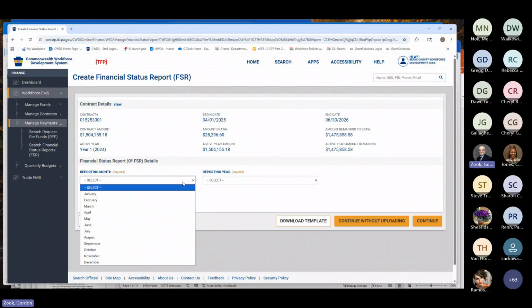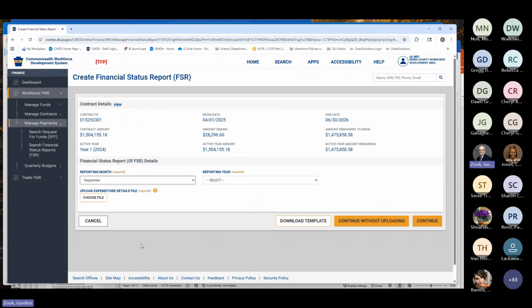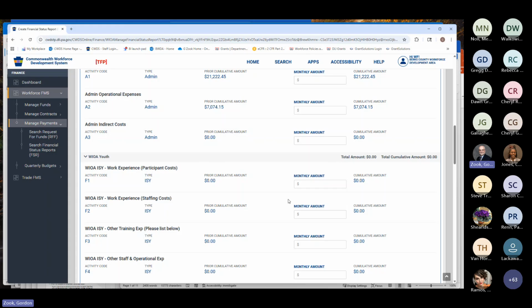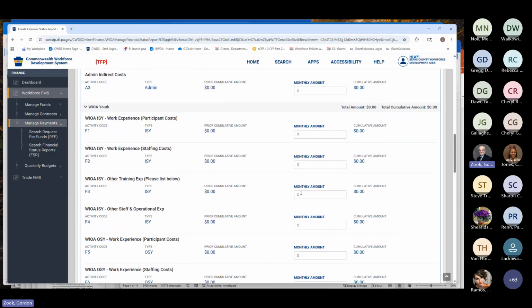The FSR requires you to select the reporting month and the reporting year. You can either download a template that has all of the appropriate cost categories, enter your information into that template, and then upload that expenditure file, or you can continue without uploading and enter the information directly into the report.